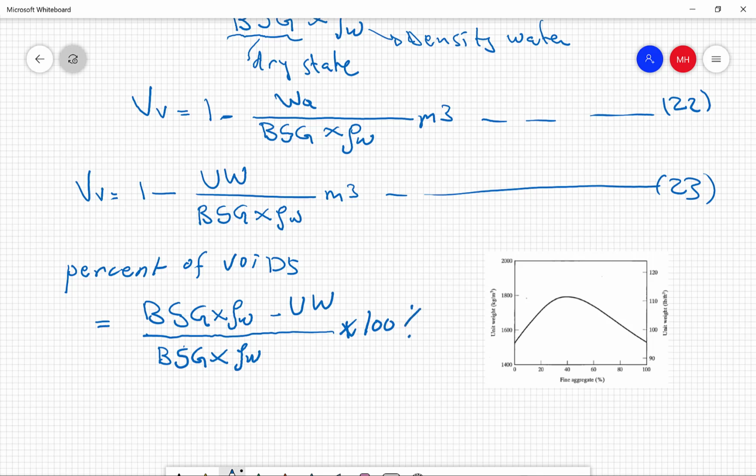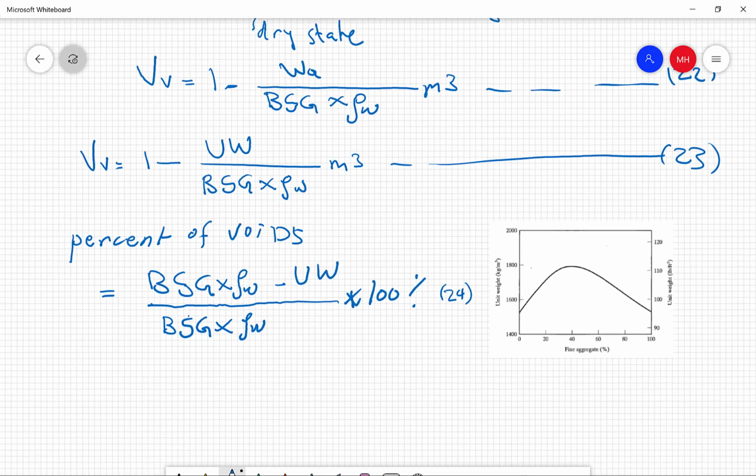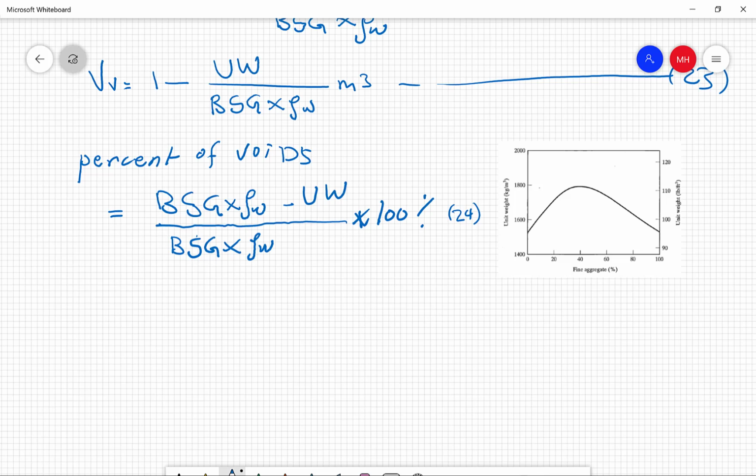All right, and that will be equation number, okay, this will be number 24.